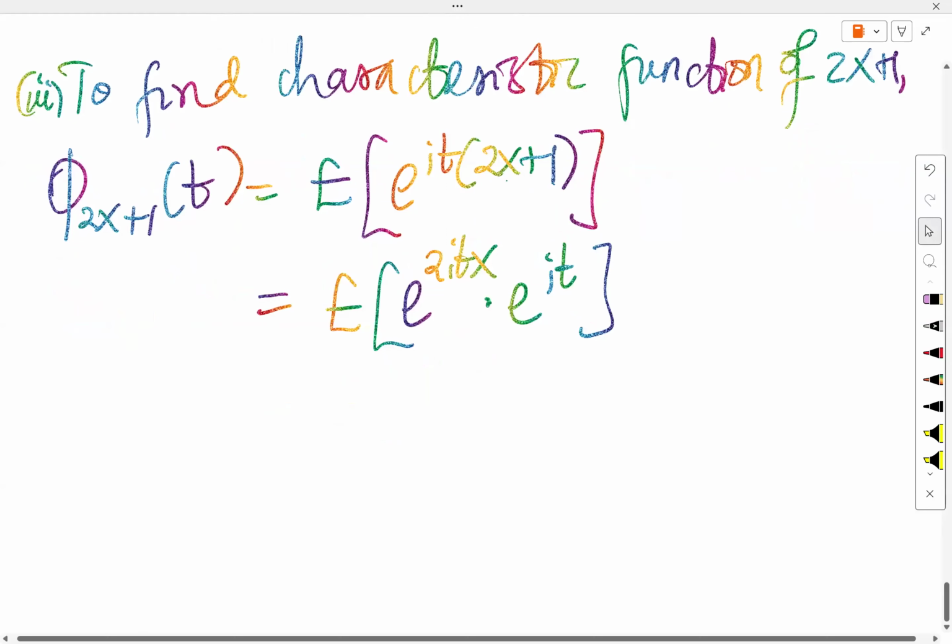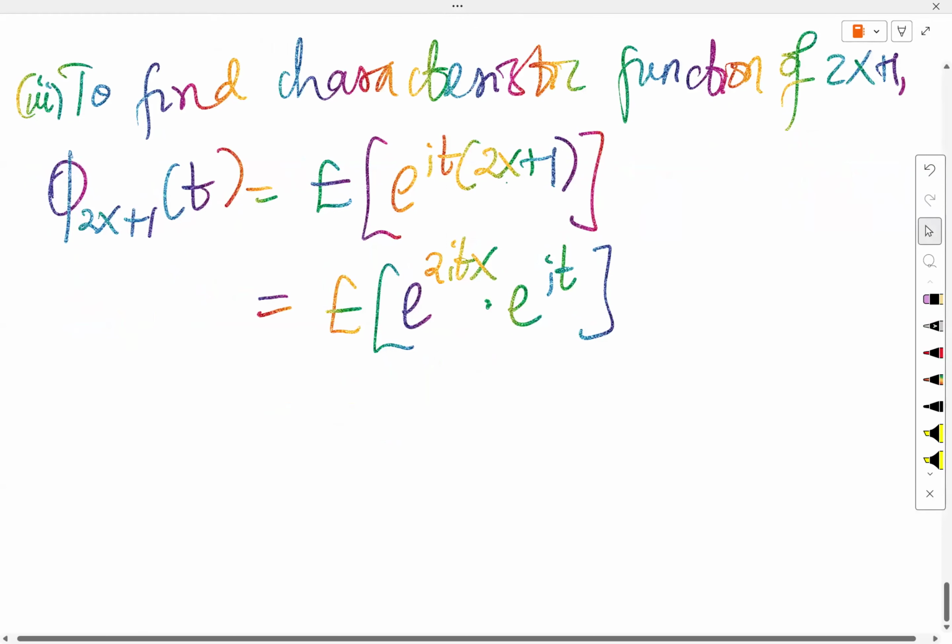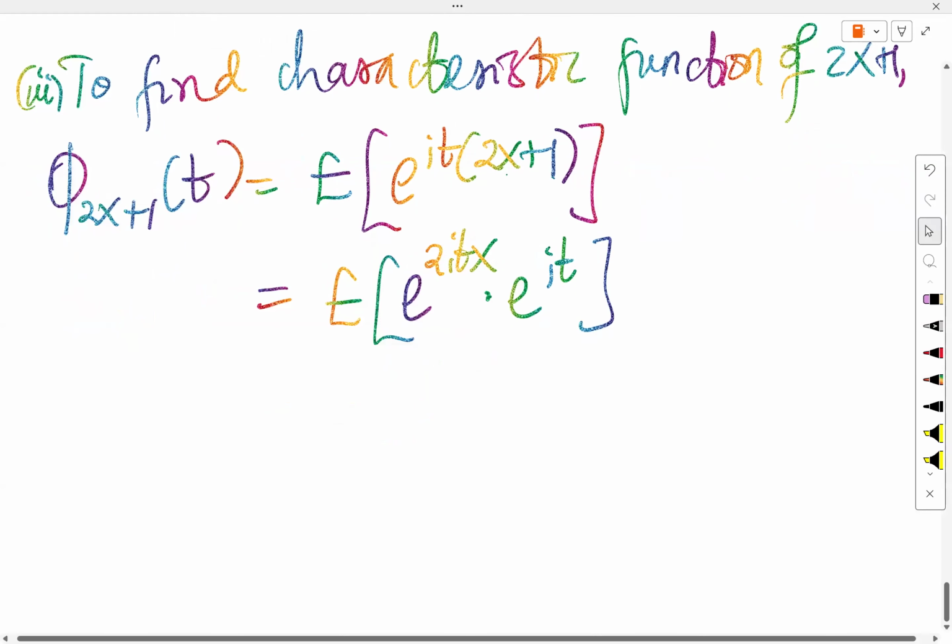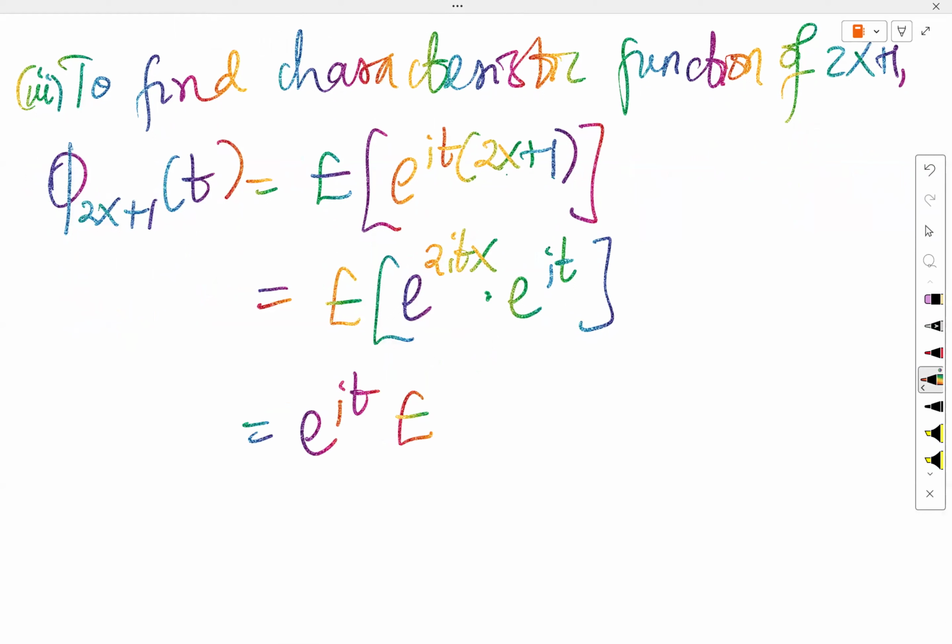So with that now, we can bring out e raised to power it. So this is e raised to power it out here, multiplied by the expectation of e raised to power 2itx.